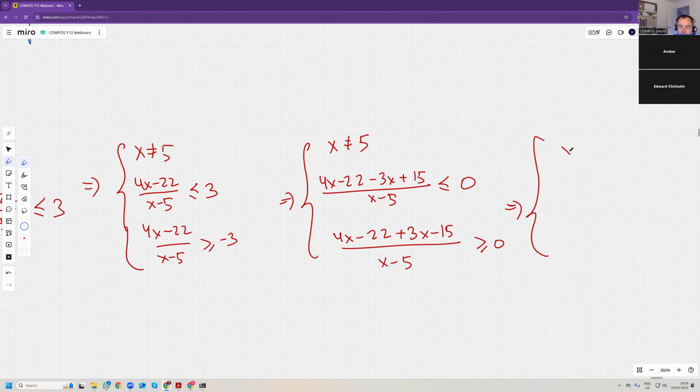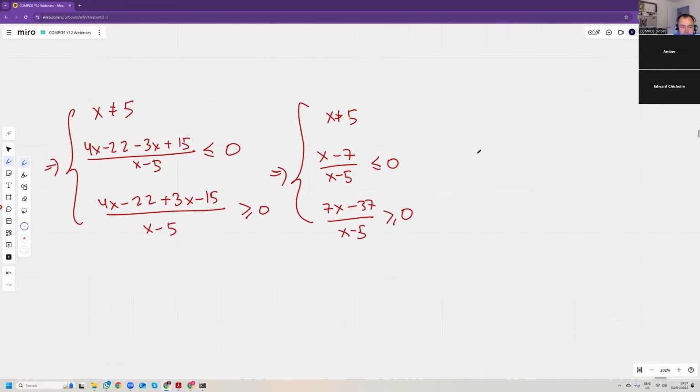So that is equivalent to x not 5, (x minus 7) over (x minus 5) less than or equal to 0, and (7x minus 37) over (x minus 5) greater or equal to 0.